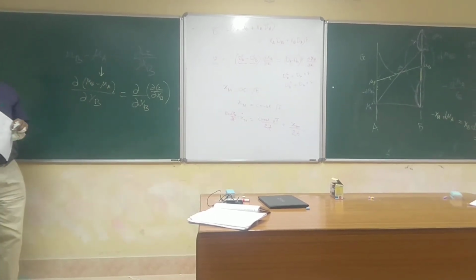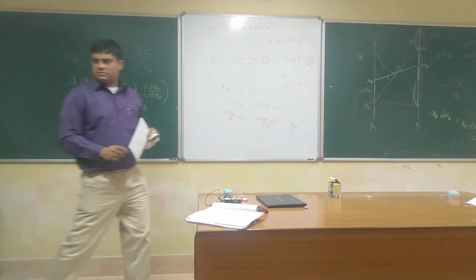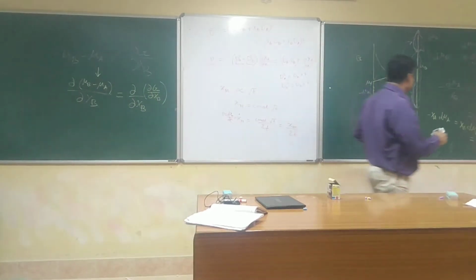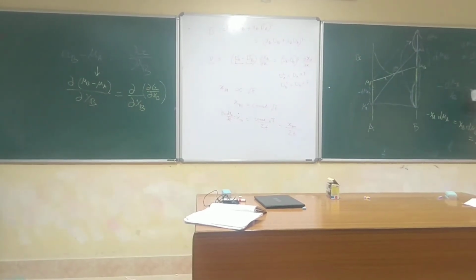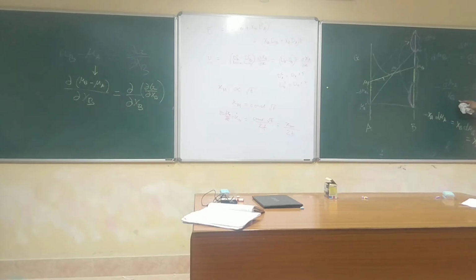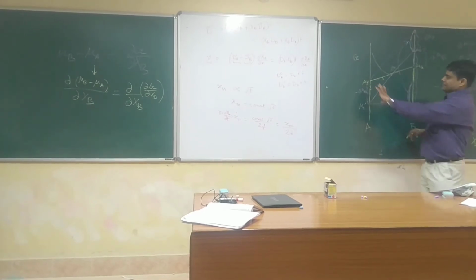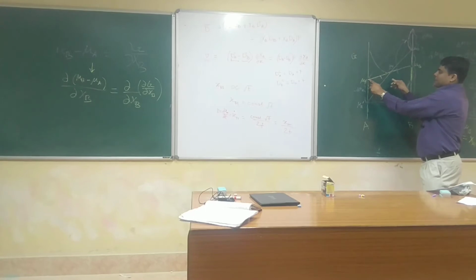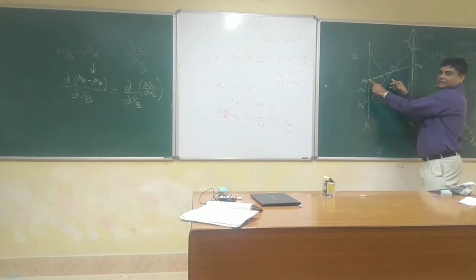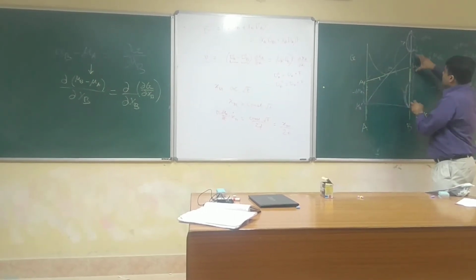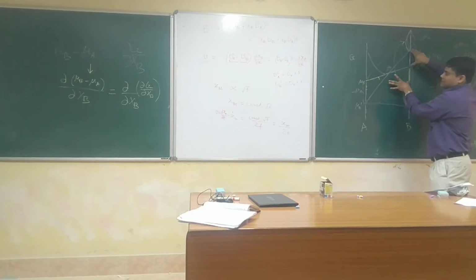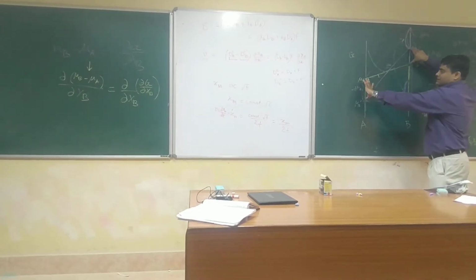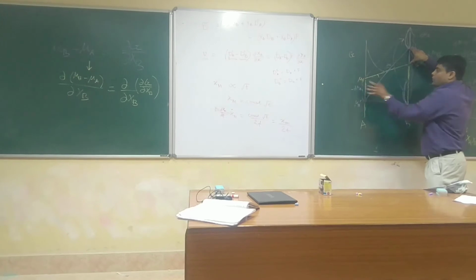Sir, where is that equation? Which one? The minus d mu by xb. Oh, this one you did not get? This length, the identical triangle, this length divided by the horizontal length should be equal to this length divided by this length. This length is minus d mu a over xb.